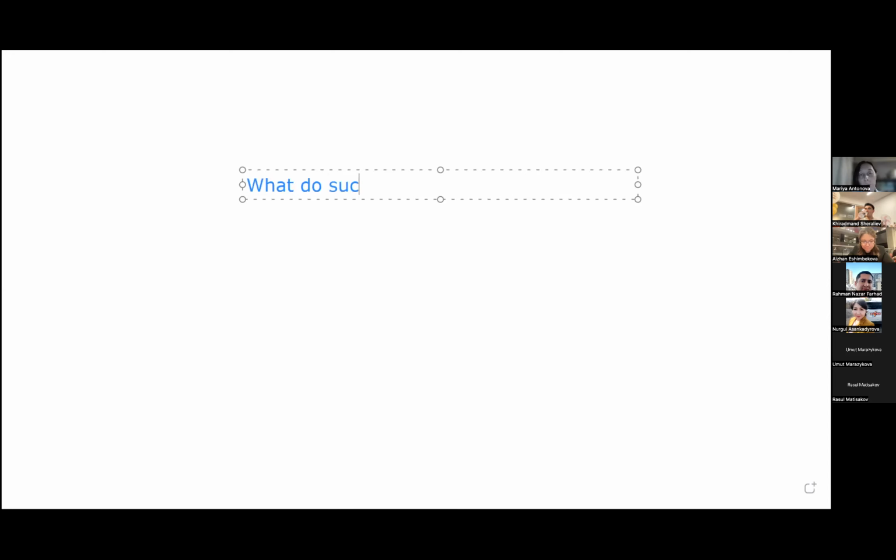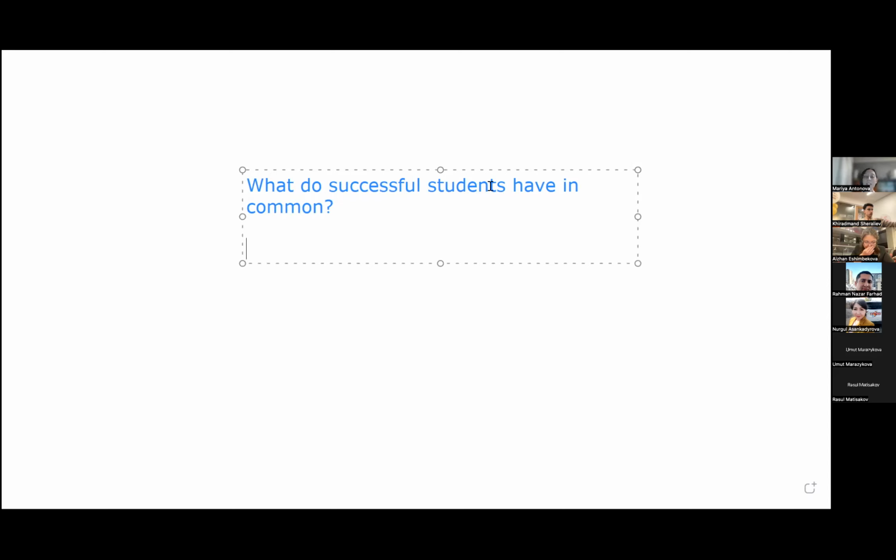What do successful students have in common, right? So it's a question, and therefore it is phrased as such, right? But when we fold it into a sentence, for example, this paper focuses on what, and what do we say next?